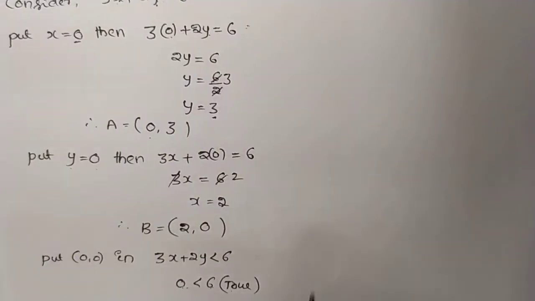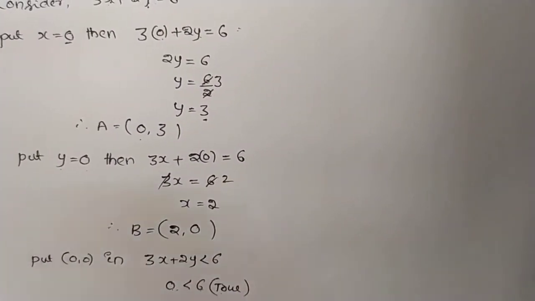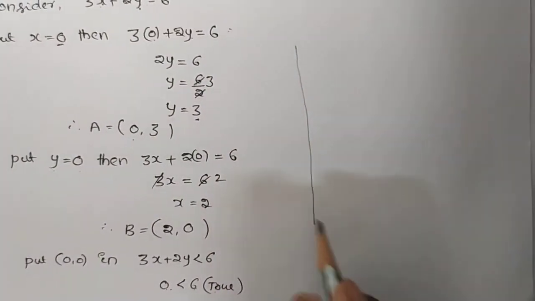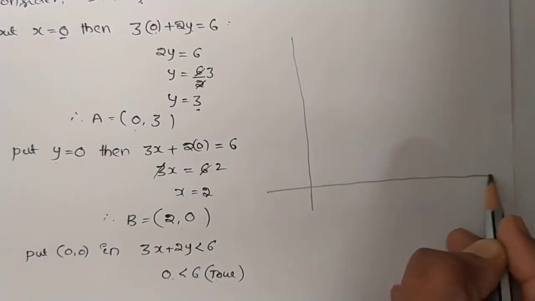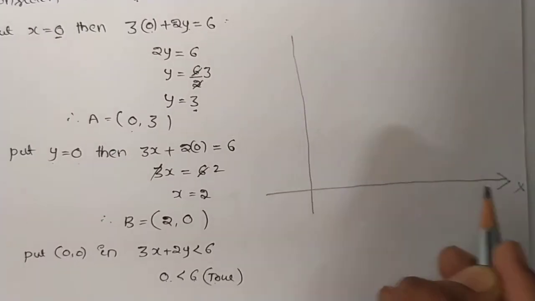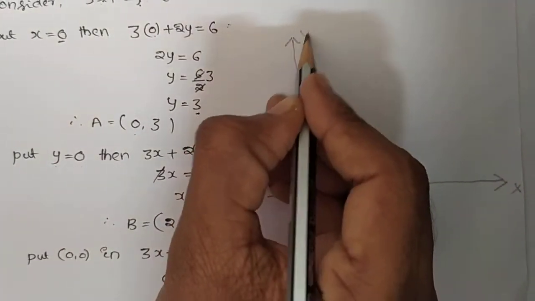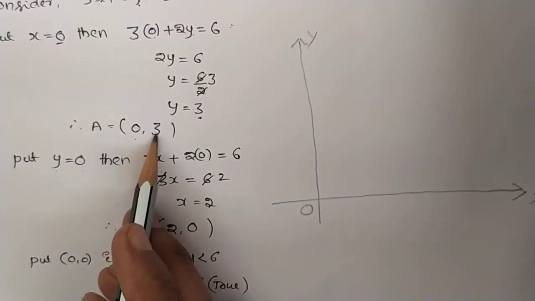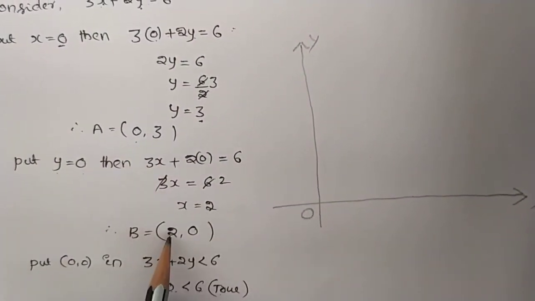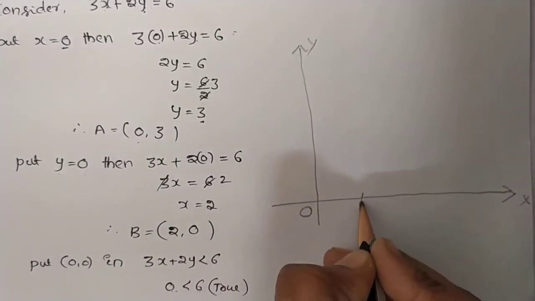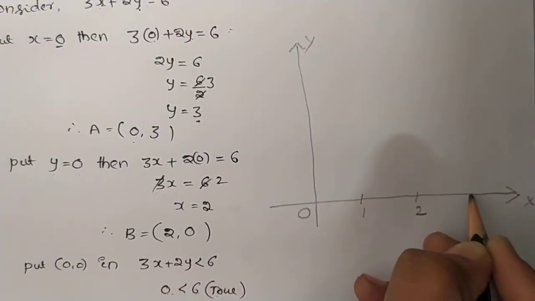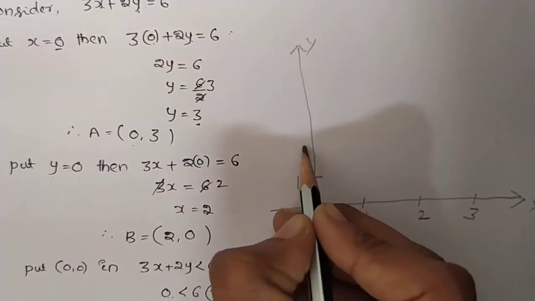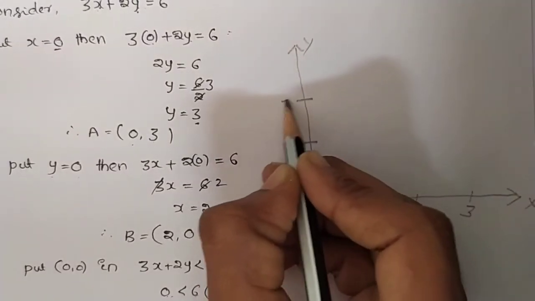Next, we have to draw its graph. Take x and y axis. It is x and it is y. It is the origin. Next, x maximum will be 2 only. Then take the values on the y-axis 1, 2, 3.